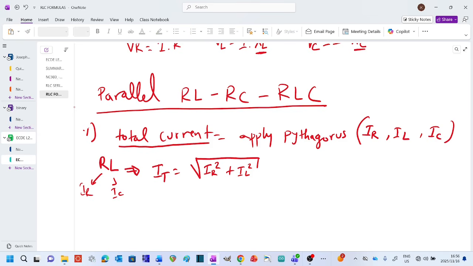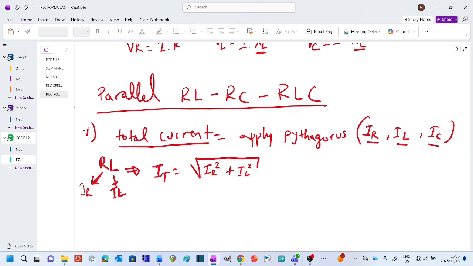RL. So in RL here, you determine your IR and your IL. After you've determined them, then you plug them in a total current formula. Remember, in a parallel circuit, when you are asked to calculate the total current, you apply the Pythagoras formula, but you must first determine your IR or your IL or your IC.